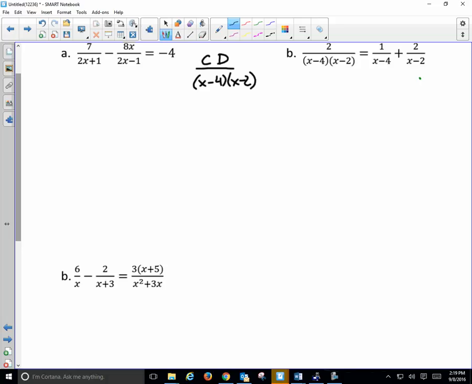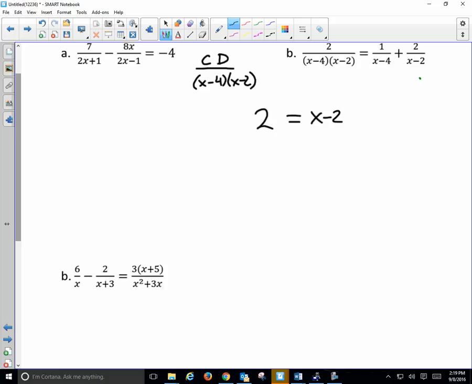I will just write the numerator 2. Notice I'm not going to write the denominators now because we know that the denominators will be the same and we can just ignore them like we did in the last problem. 1 over x minus 4. What will you have to multiply that by? X minus 2 to create your common denominator. That's what it's missing. What is 1 times x minus 2?